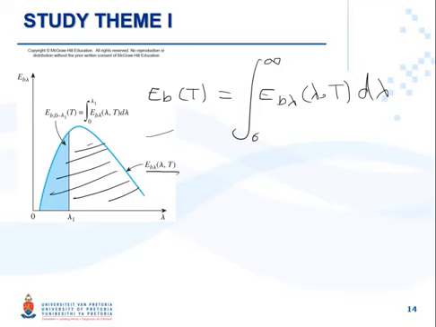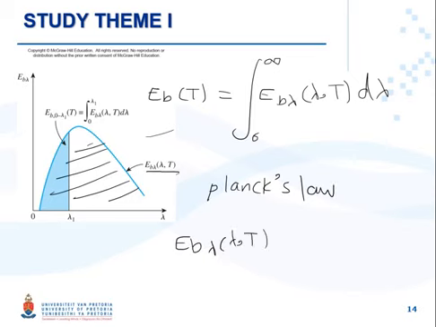You remember this one from Planck's law? I told you that E_b lambda,T is equal to C1, which is a constant, divided by lambda^5 times e to the power of C2 divided by lambda T, minus 1.